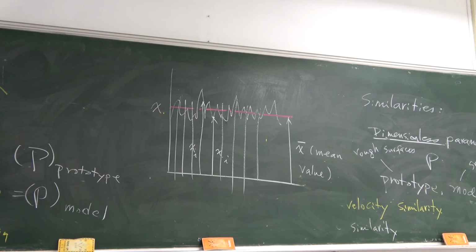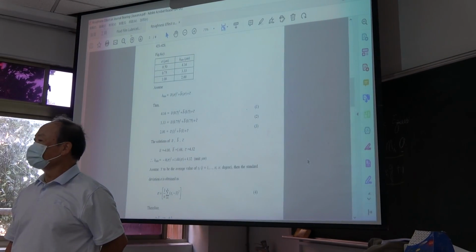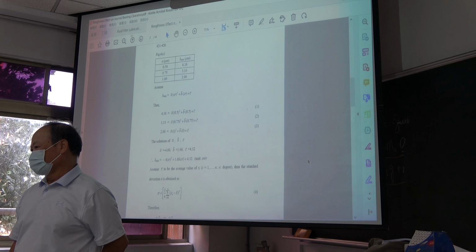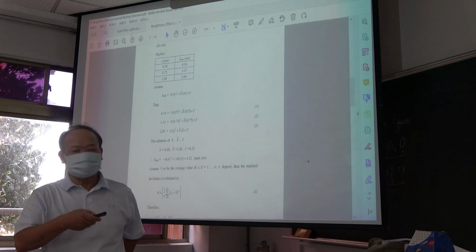If you are a student of material science, consider the particle size for an amount of particles. Maybe the sizes are different, right? Somebody will ask you, and it's very important: what is the mean size of your particles, and how do you determine it? Then what is the standard deviation?